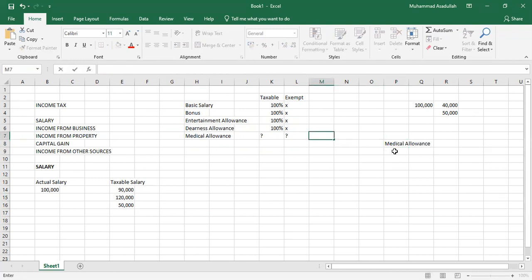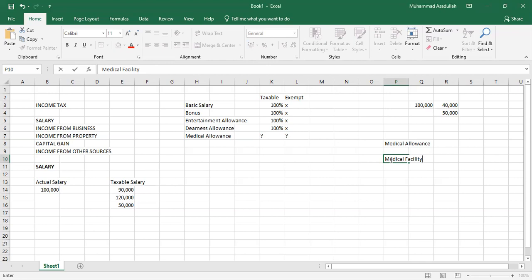First, I want to clarify two things: the first one is medical allowance, and the second one is medical facility. These are two different items. Medical allowance is a part of your salary, and 99.99% it is given to each and every employee. Normally there are three basic parts of your salary: basic, medical allowance, and utilities allowance, and some rental accommodation. We will learn them later on.